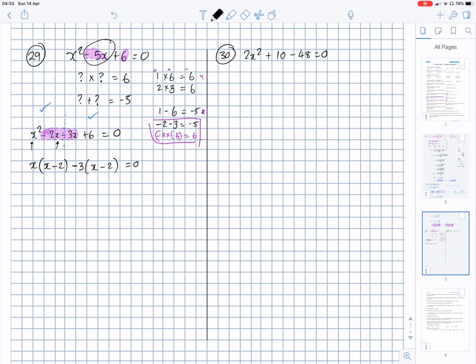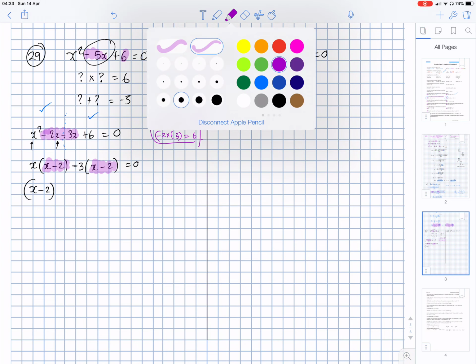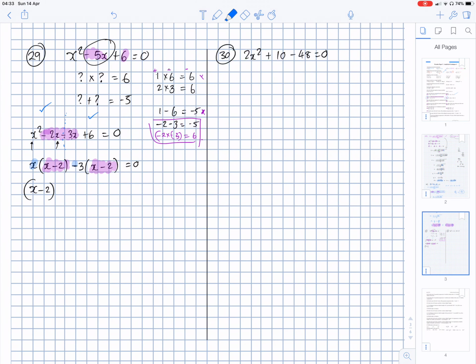Now note that we have an x minus 2 and an x minus 2, so I can factorize the x minus 2. I'm left with x and minus 3, so this becomes x minus 2 times x minus 3 equals 0.